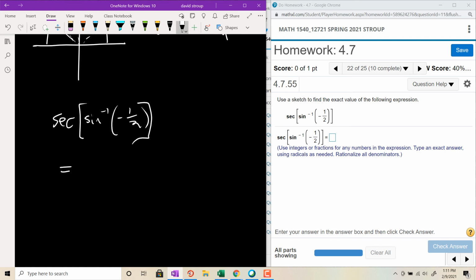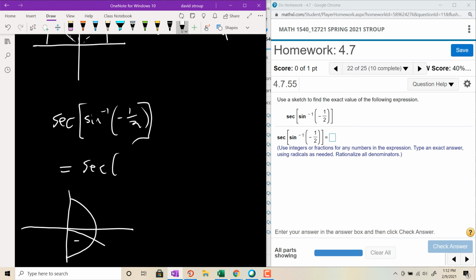Okay, so let's take a look. What am I doing here? Sine inverse is going from -pi over 2 to pi over 2. We need to be in the fourth quadrant because we're dealing with a negative here. The reference angle for 1/2 is pi over 6, so we need -pi over 6.